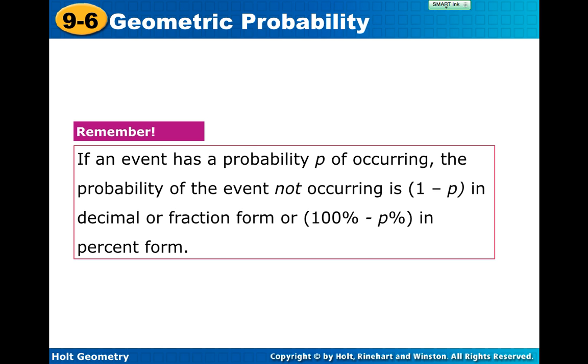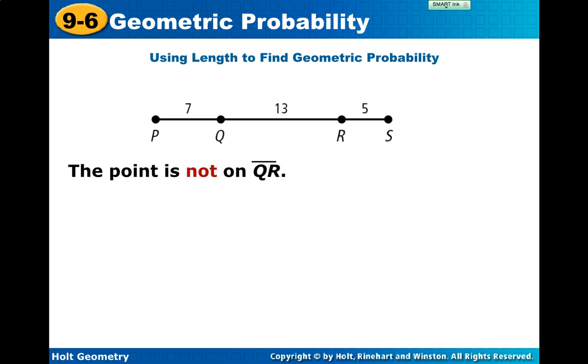Some of the questions that you'll be asked is, what's the probability of it not happening, like this one. I want the probability that the point is not on segment QR. That could be done two ways. You could find the probability of it being on QR and subtract, or you can look at where it is not going to be on QR and add that up like the OR idea.